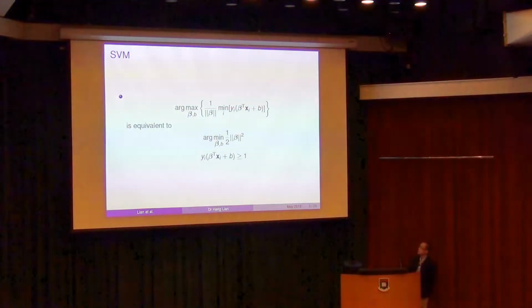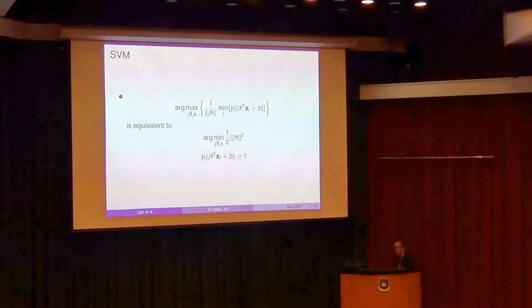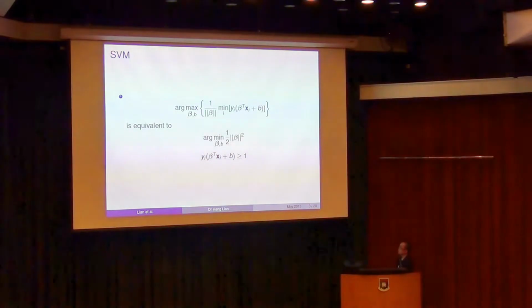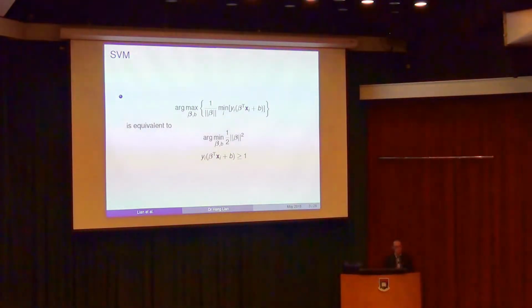So we maximize over the different hyperplanes, which is characterized by beta and b, the intercept b and the slope beta, and we want to choose the hyperplane such that we maximize the distance of the closest points. So this is a maximum on the outside and minimum problem on the inside.